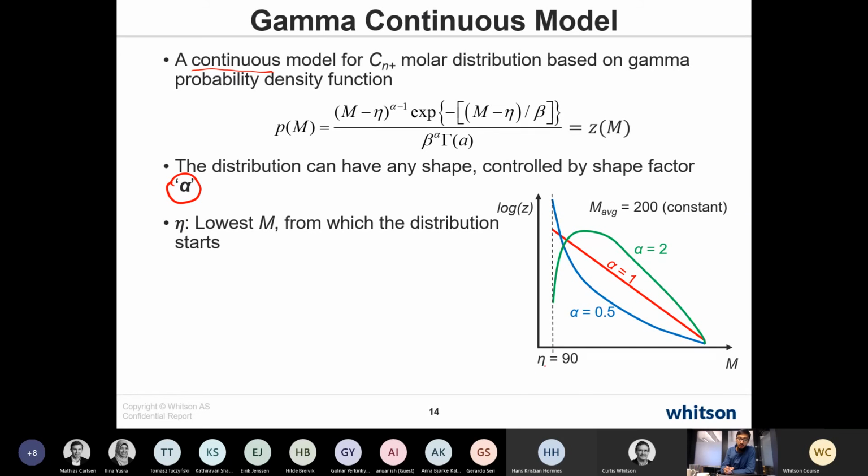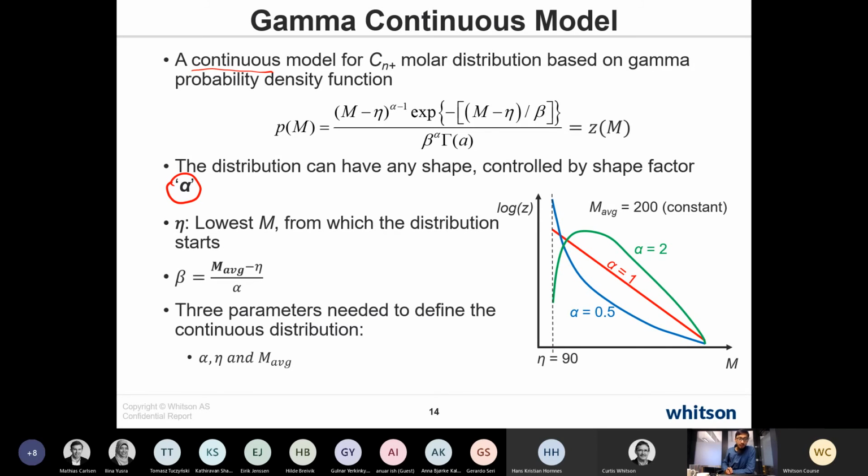So that's the molecular weight on the x-axis from which you are starting your distribution. And the third parameter is the average, which comes in this beta term here. And the average molecular weight, if you are doing the molar distribution for C7 plus, will be the average molecular weight of the C7 plus.